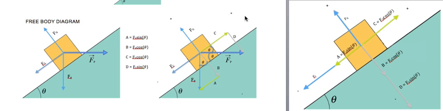And sorry, I forgot to mention this, but this is an important thing that is kind of obvious about the problem, but still is worth mentioning, that the reference frame here will be parallel to the inclined plane and perpendicular to it.